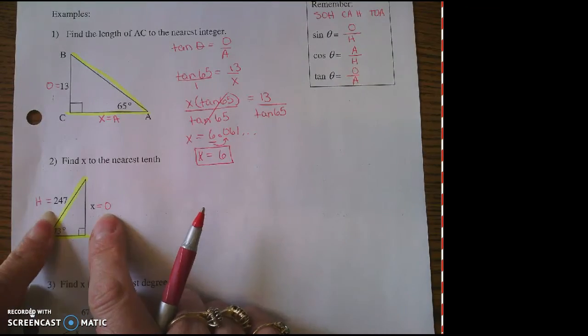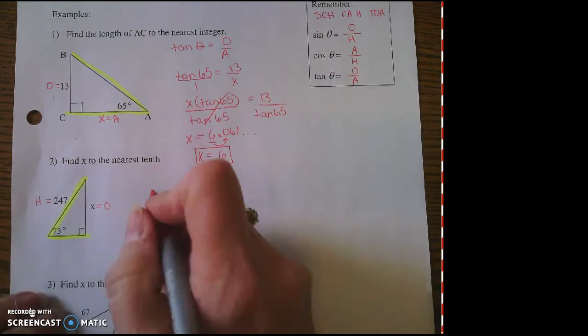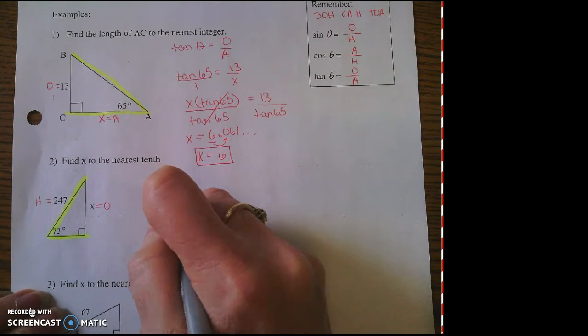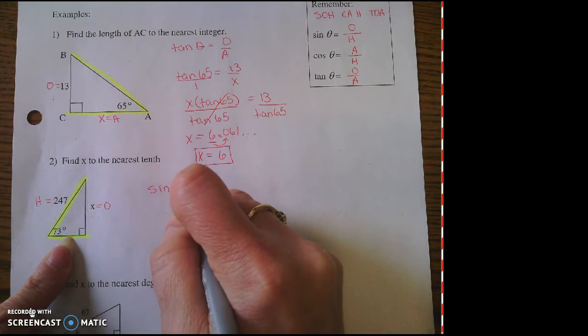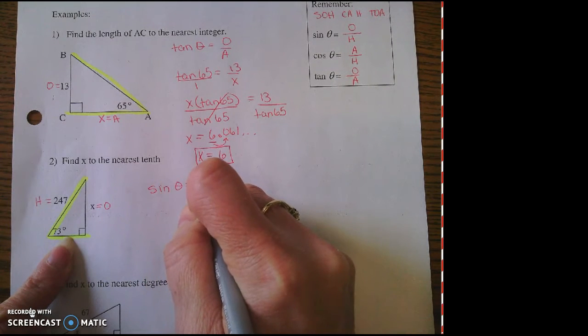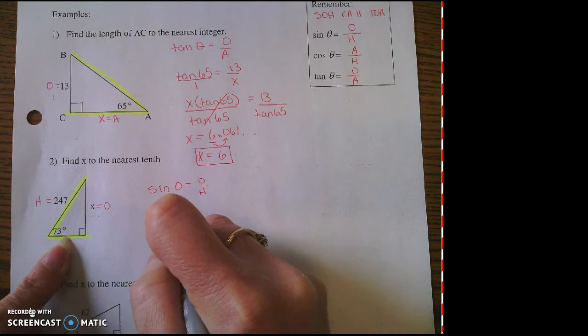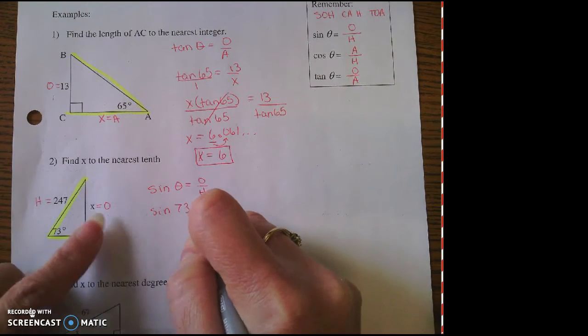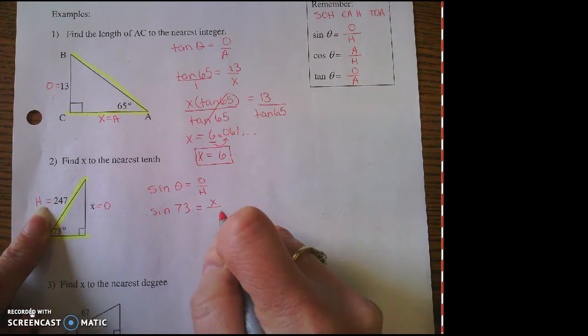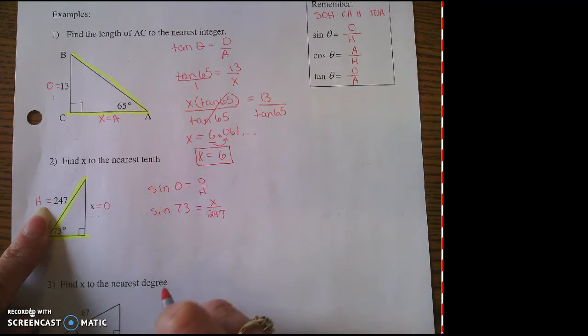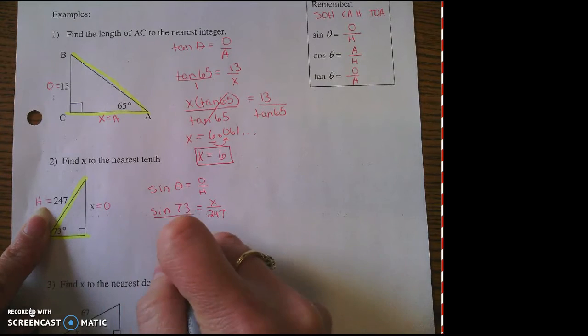The only one that has O and H in it is sine. So I'm going to be picking sine of theta equals my opposite over the hypotenuse. So now I'm going to substitute in theta 73 degrees. Opposite is the variable X. Hypotenuse is 247.